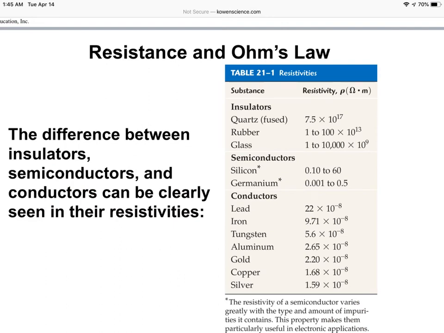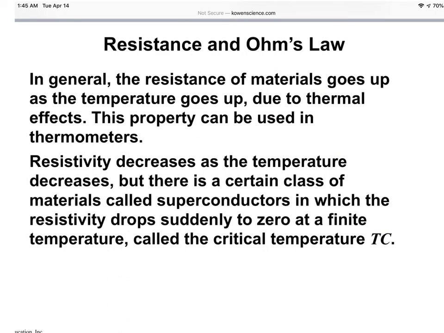As stated, different substances have different resistivities, and I've got some of those on the chart here for you. You can clearly see the difference between the insulators, the semiconductors, the conductors, and their resistivities. In general, we can say that the resistance of a material goes up as temperature goes up due to thermal effects. This property can be used in thermometers, and resistivity will decrease as the temperature decreases.